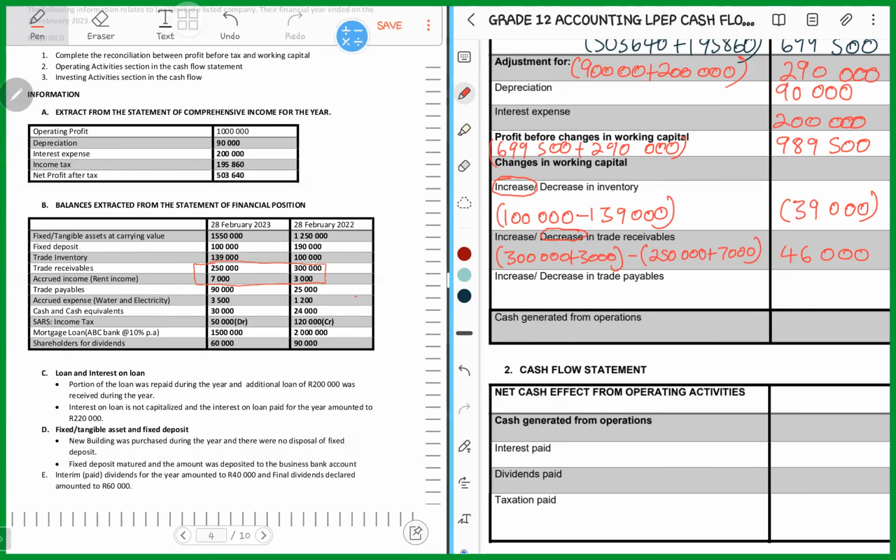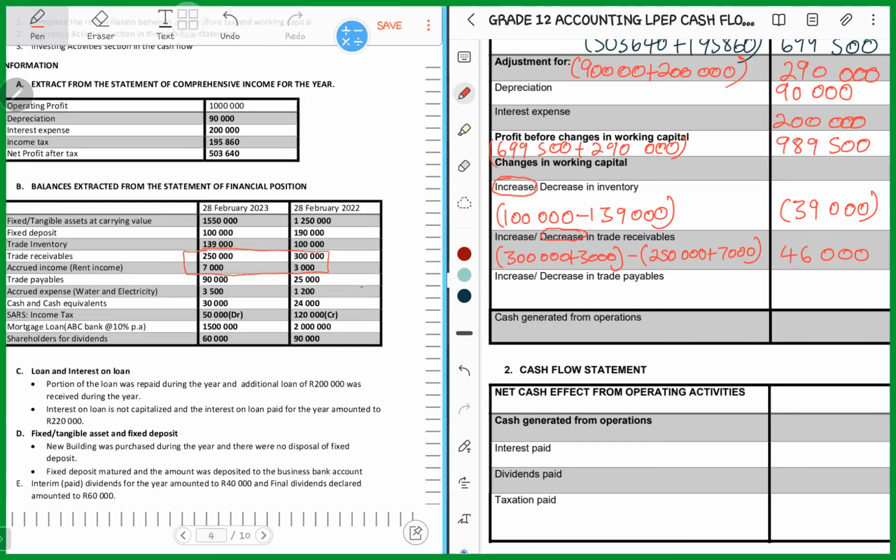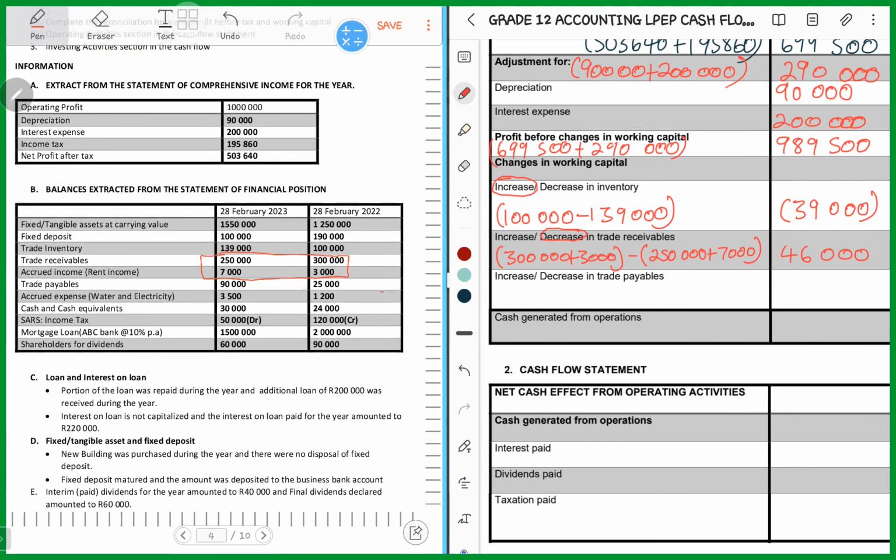Then next up, it will be our changes in trade payables. So here we're going to consider the trade payables and also the accrued expense, but only for the expense part, not the interest expense. Even here, if you notice, it shows that there is an increase. So we're going to say 90,000 plus 3,500.